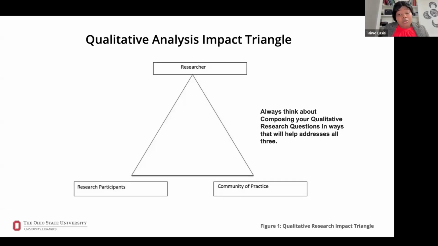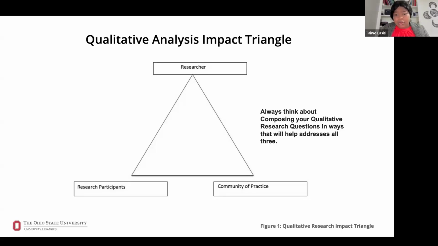And then also the community of practice, the area where you're conducting the research, amongst the group of people, because your research participants are just probably a subset of the whole group you're trying to explore. So think about that community you're trying to explore, and think about the holistic benefits for them.